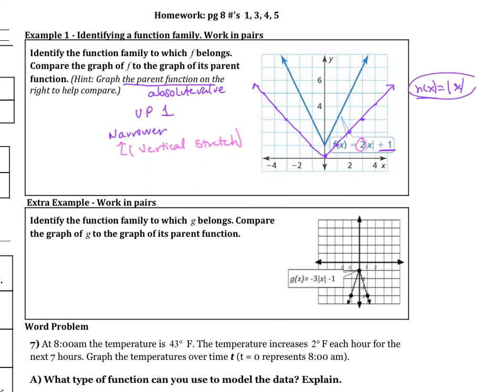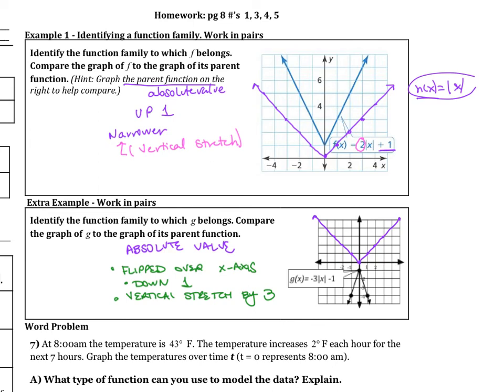All right, so trying this out. It's an absolute value again, and I didn't write it here, so let's just say f of x equals absolute value of x. Just knowing the words and the parent function on that, we notice as compared to the parent function that it is flipped over.